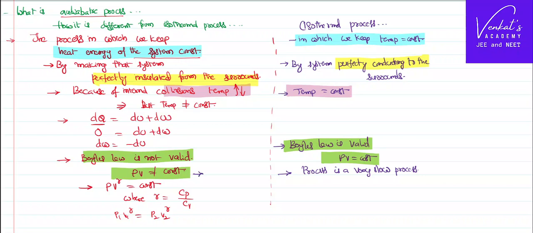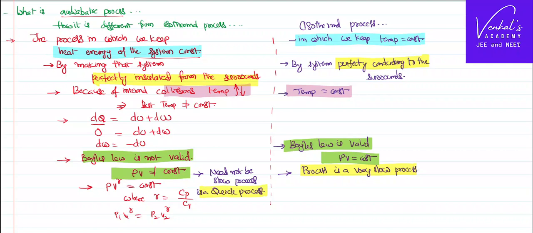But in adiabatic process, we need not keep the temperature constant. So it need not be a slow process. Rather, adiabatic process is a quick process. That's another difference between isothermal process and adiabatic process. Isothermal process is a slow process. Adiabatic process is a quick process, right?